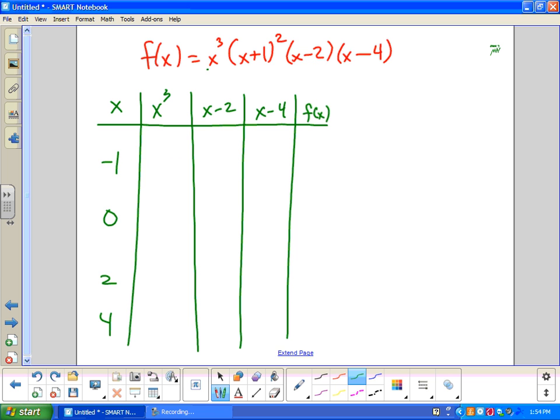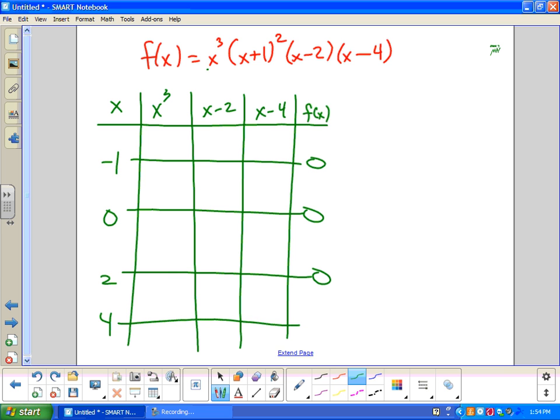0, 0, 0, 0. So I'm going to plot 4 points on my axis here when I get there. I'm going to do the signs first. X cubed in a negative area is negative. Sometimes it helps to go straight down the column instead of going across. Negative number cubed is negative. Positive number, positive, positive, positive.